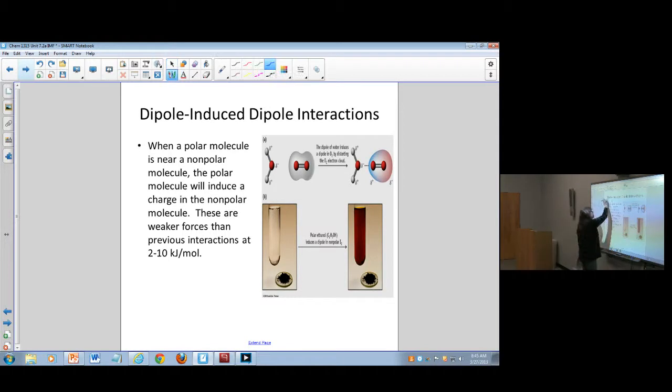So we call this interaction that I just looked at dipole-induced dipole. So we have a polar molecule interacting with a nonpolar molecule. The polar molecule is dipolar, and because it's close enough to a nonpolar molecule, it induces a charge.